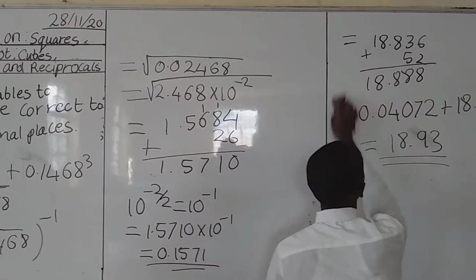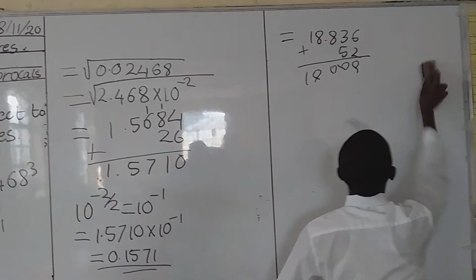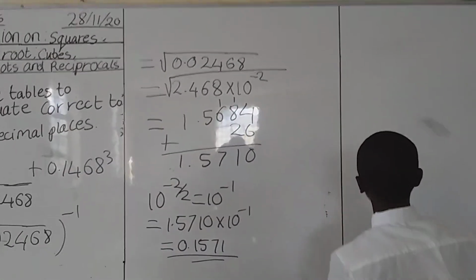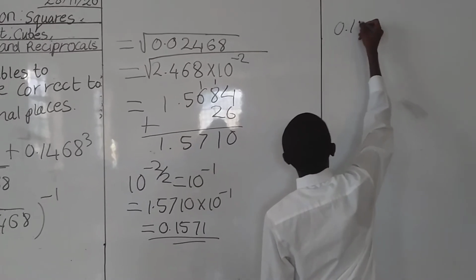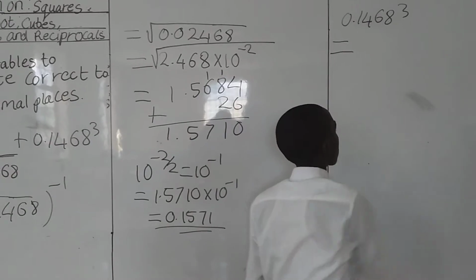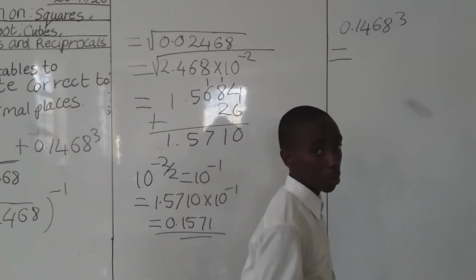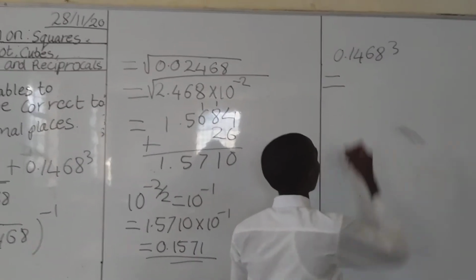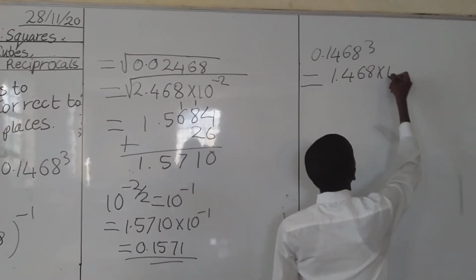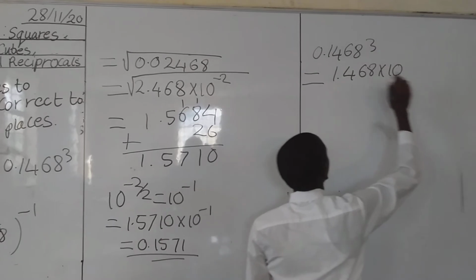I have 0.1468 cubed. So first things first, we need to express it in the form a times 10 raised to power n. We have 1.468 times 10 raised to power negative 1. We move the decimal by one step.